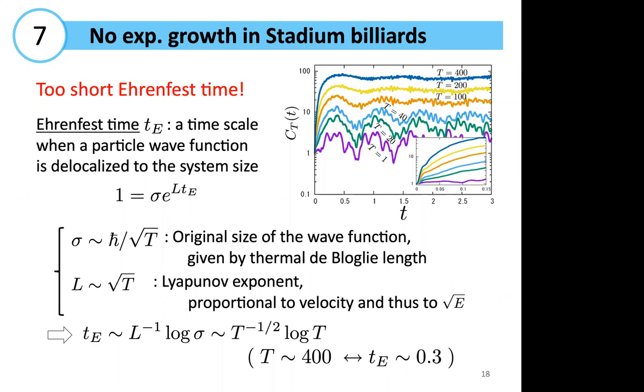Another way I would think of the Ehrenfest time is if you Fourier transform, then the wave function being delocalized tells me that in Fourier space something's getting localized up until it gets delta function support somewhere.